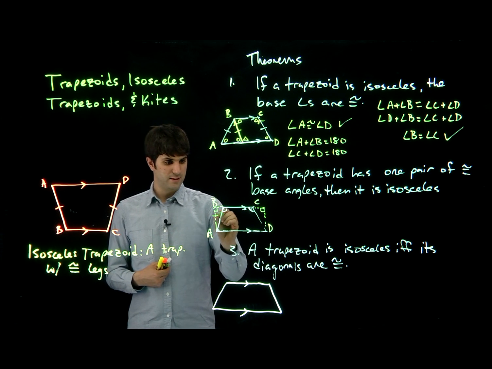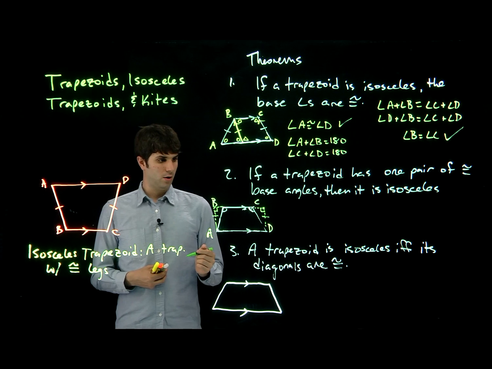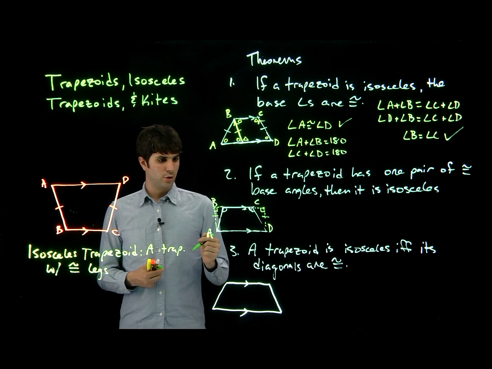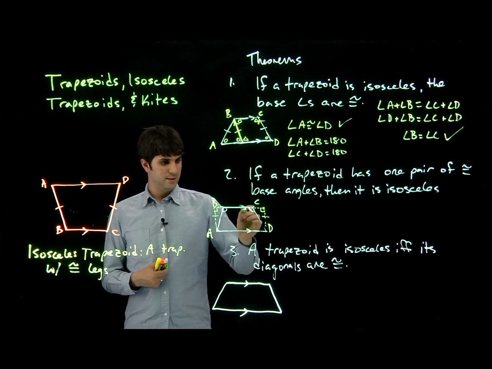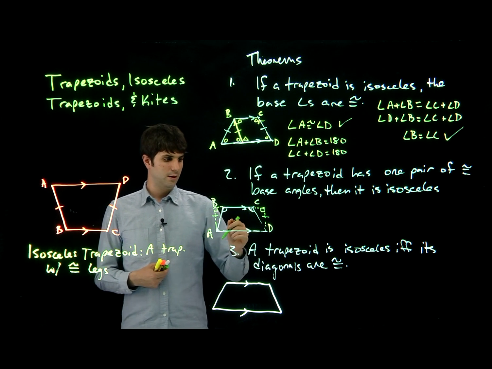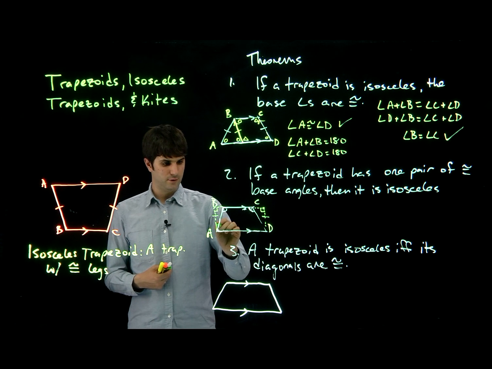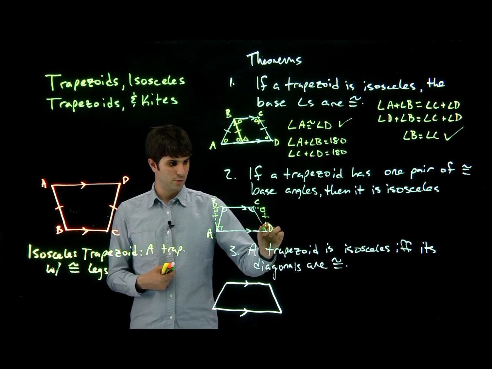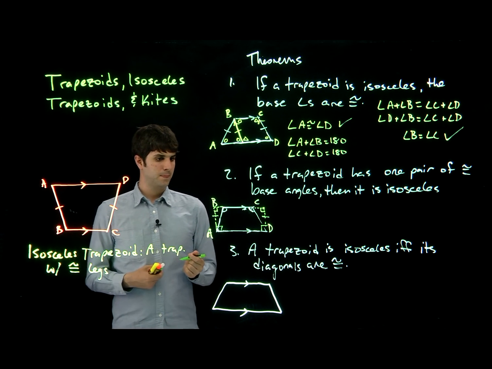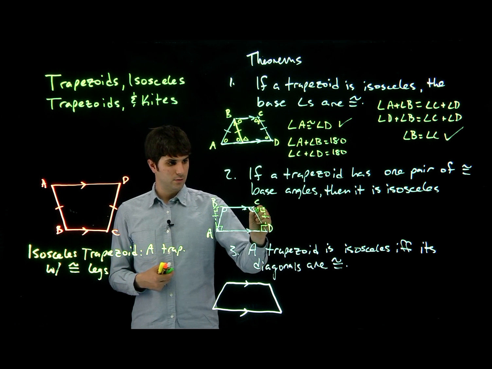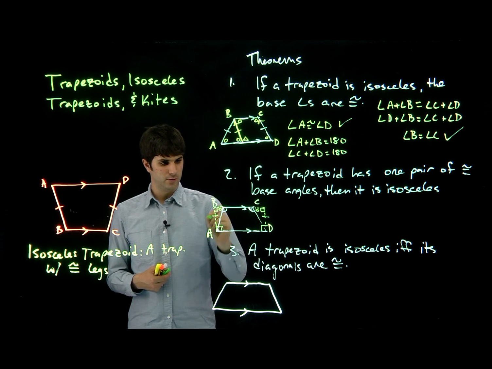So we know that this and this are congruent. And so we also know that if in this situation here, because this is a parallelogram, we know that this is also a right angle. Okay. So given that, we know that this angle is congruent to this angle.